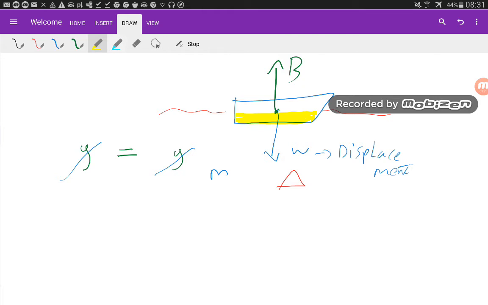We are going to use this volume many times. We show that volume by the reverse of the delta.